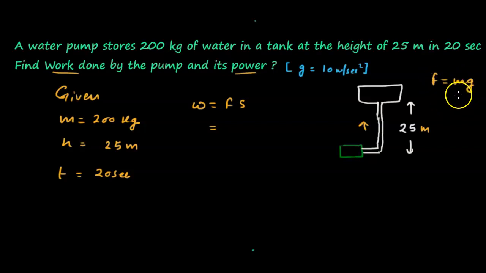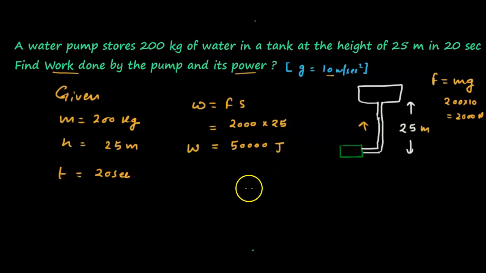Here the mass is 200 kg, and we multiply with the acceleration due to gravity, which is 10. So the force is 2000 Newton. And what is the displacement? Displacement is 25. So 2000 multiplied by 25 will be 50000 joule. So this is the amount of work.